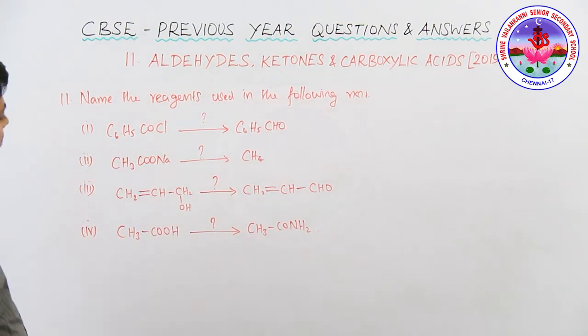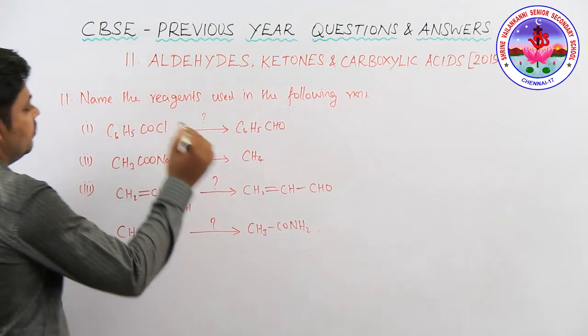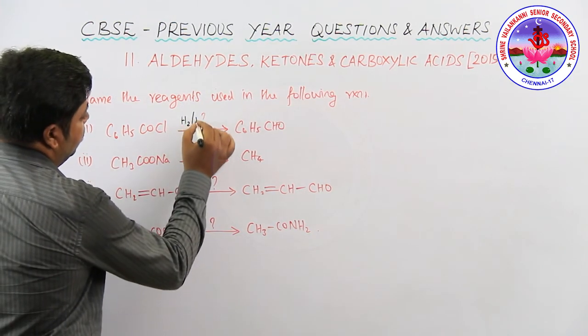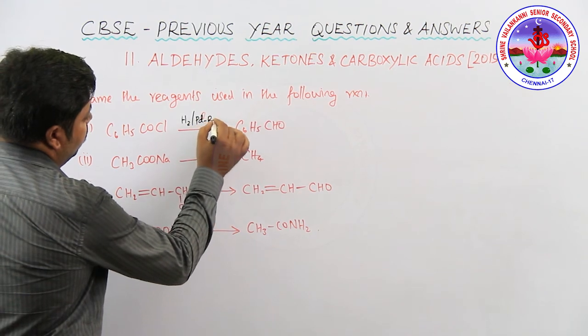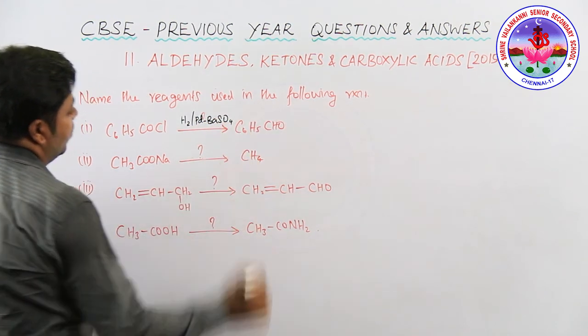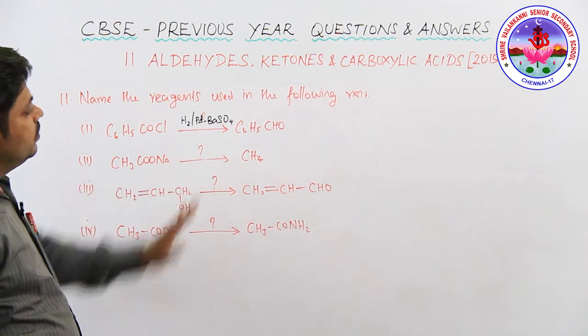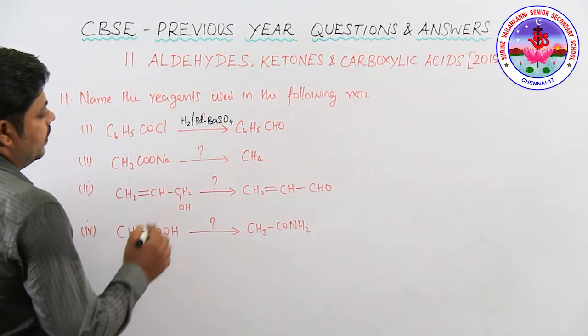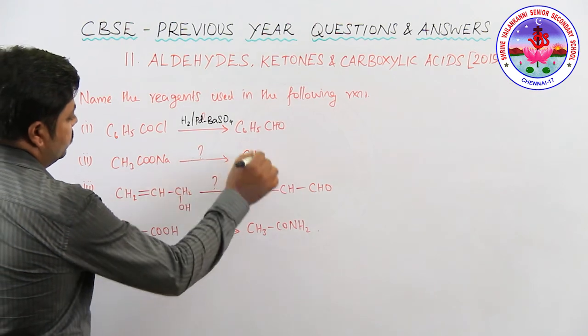First question: C6H5COCl with hydrogen and palladium on barium sulfate, you will get benzaldehyde. Then sodium ethanoate converts to methane.